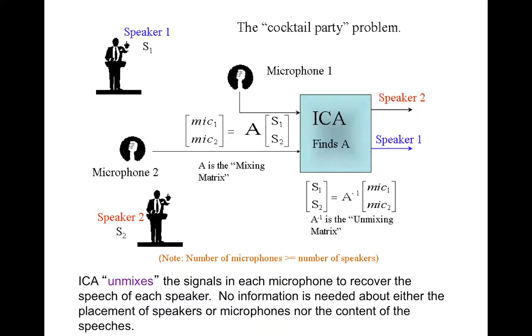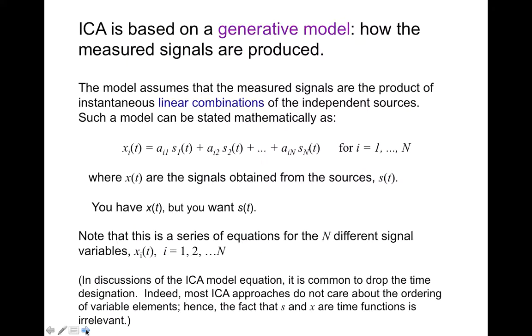So without knowing the physics, the question becomes how to find this matrix A so that we get the independent unmixed signals back. This is done by making an assumption of how these signals are produced.